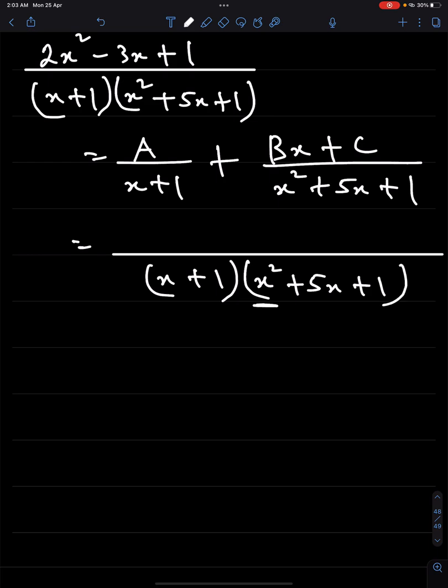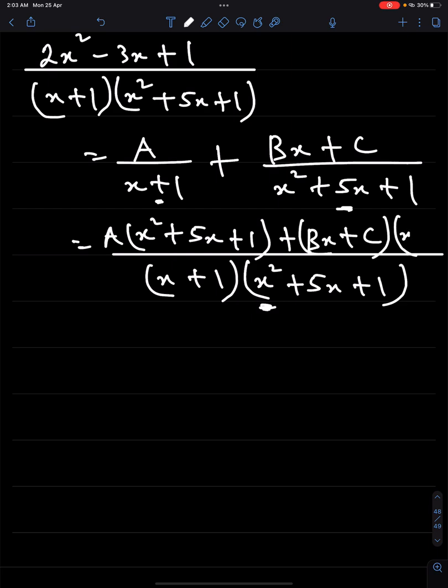When I divide this LCM by x plus 1, I'll have x squared plus 5x plus 1, and I'm multiplying that by the numerator a. When I divide this LCM by x squared plus 5x plus 1, I'll get x plus 1 and I'll multiply that by the numerator bx plus c. That simply means bx plus c times x plus 1.